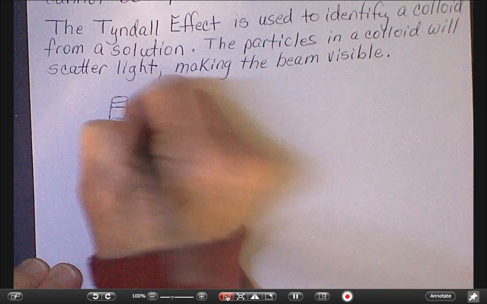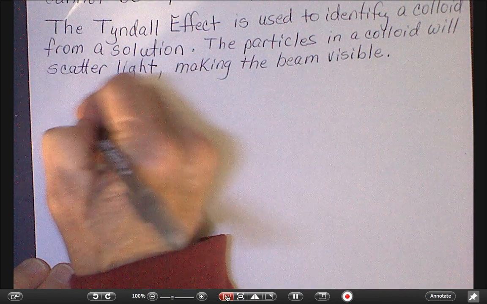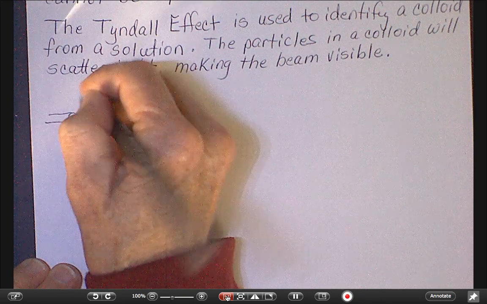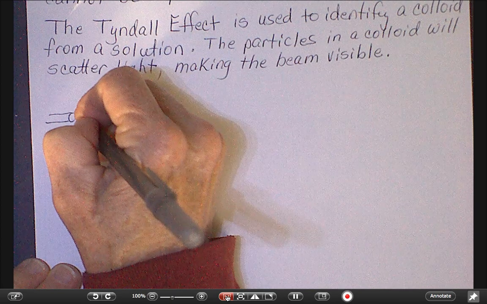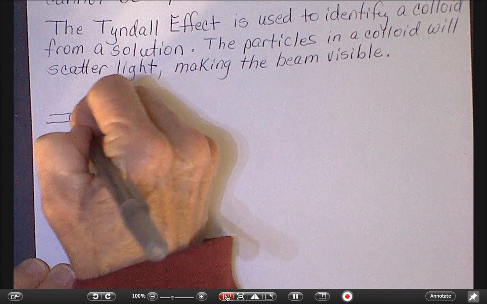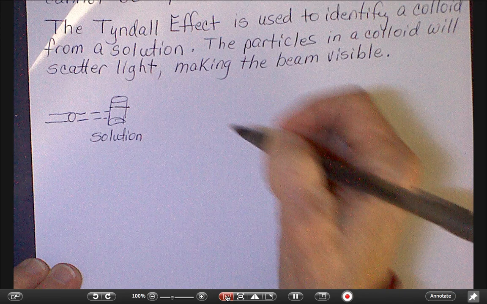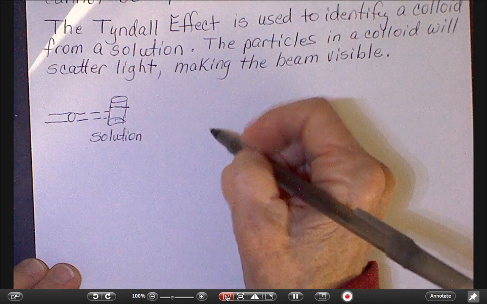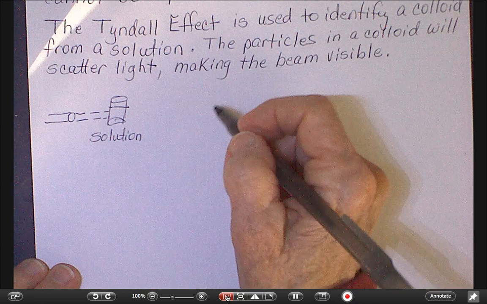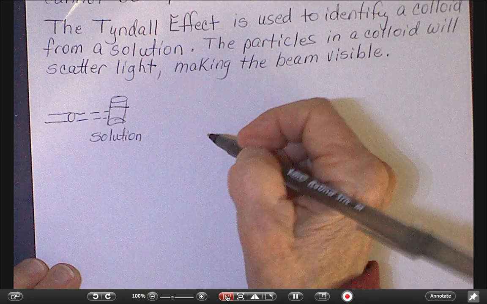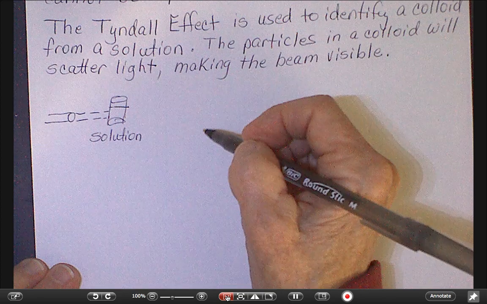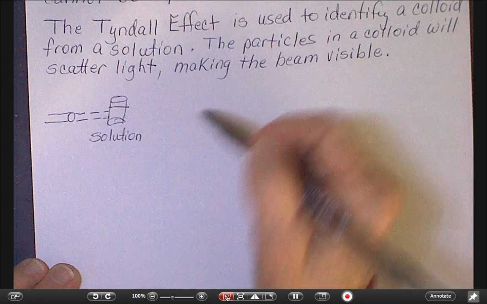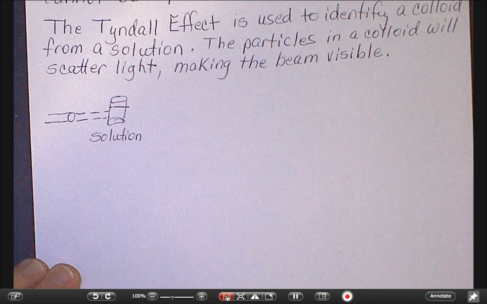Okay, so we've got a solution here, clear solution. We've got a flashlight over here, and the ray of light is coming across. Basically, it does nothing. It may do some reflection off of the glass and stuff, but it doesn't show a good beam of light going through the solution. All right?